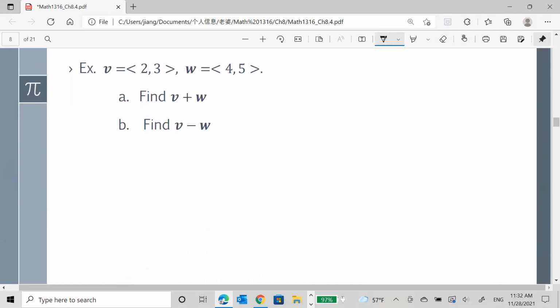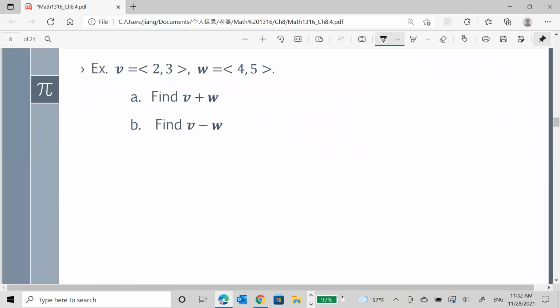Let's see the example. V equals 2, 3, W equals 4, 5. Find V plus W. This one is easy. Add the a parts together: 2 plus 4, and then 3 plus 5 equals 6, 8.